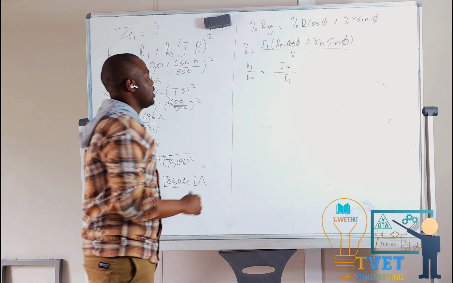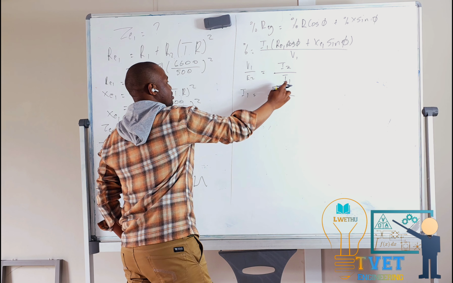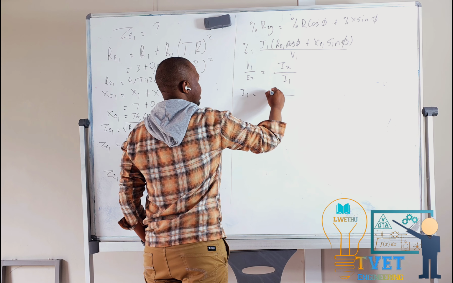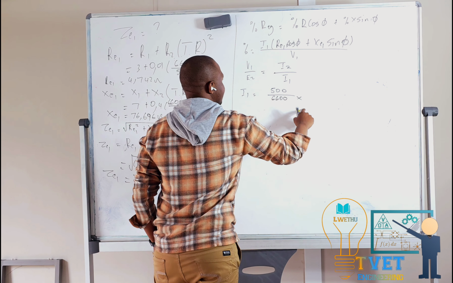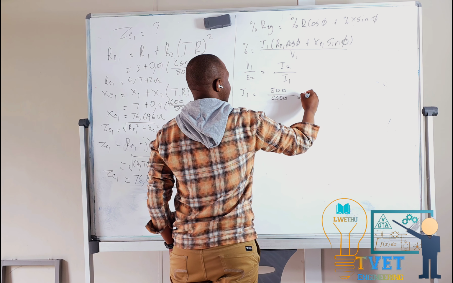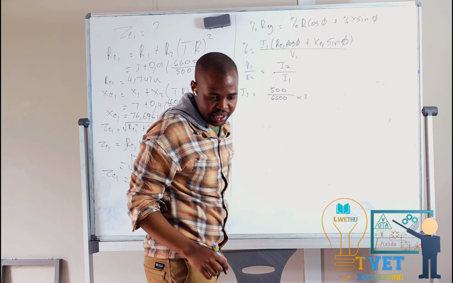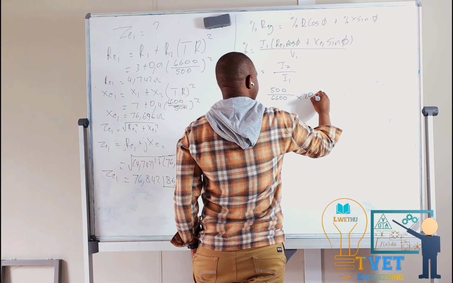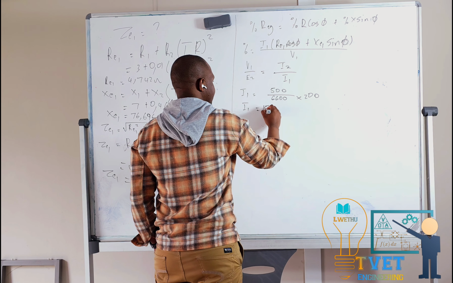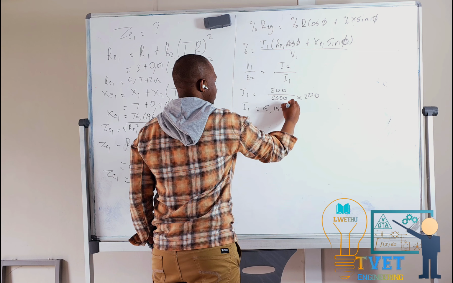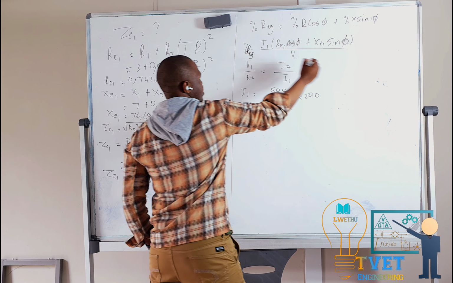Making I1 the subject of the formula, that will be 500 over 6,600 times 200, the current. What is I1? 15,152 amps.